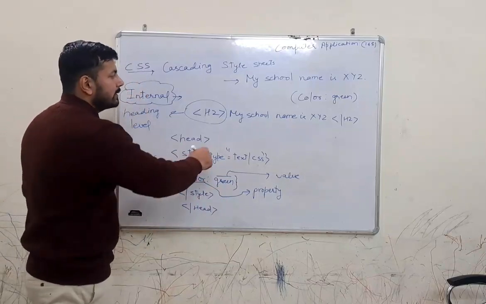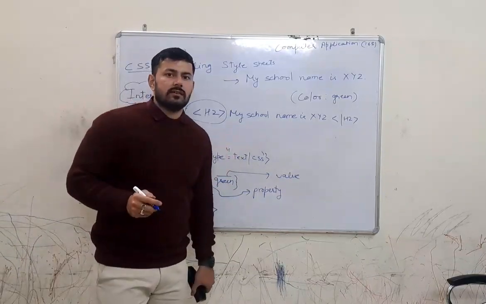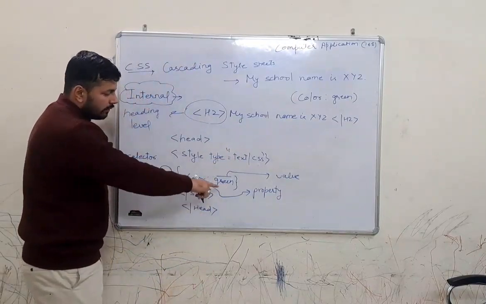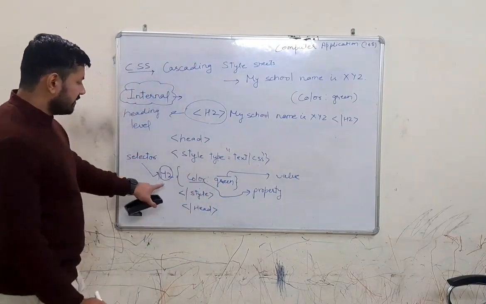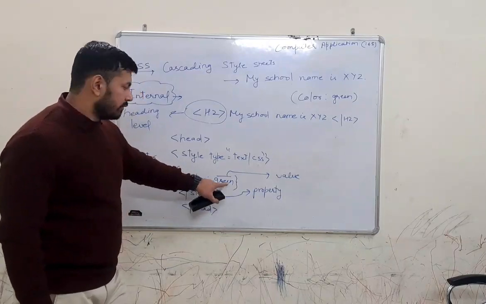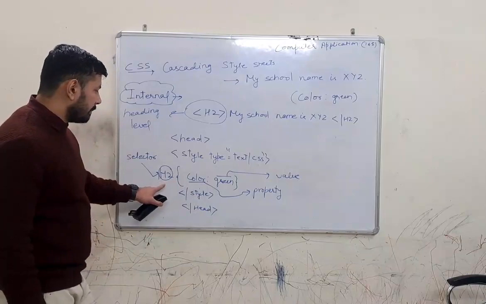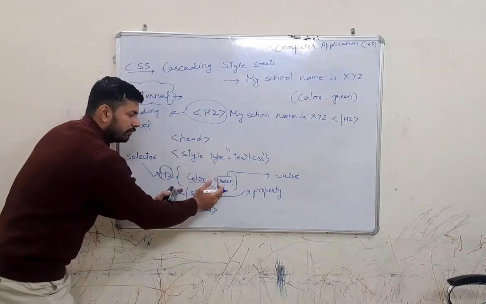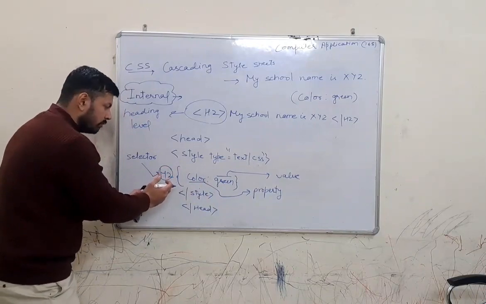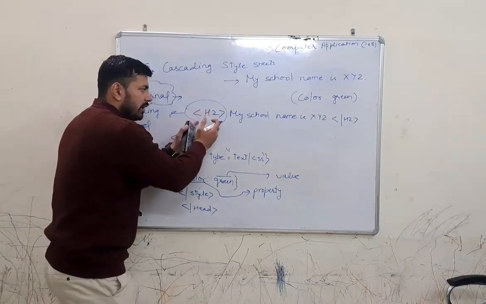If I want this sentence to appear in red color in my web page, then I will mention red here instead of green. So this one is the selector, this one is the property, and this one is the value of the property, and they will apply to the H2 heading level 2 tag.